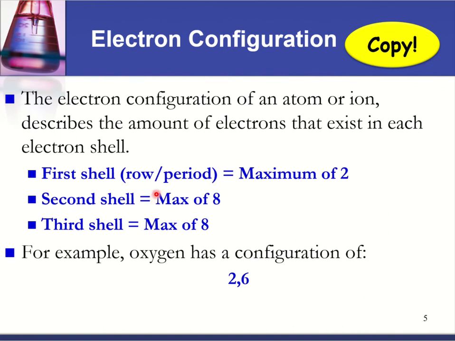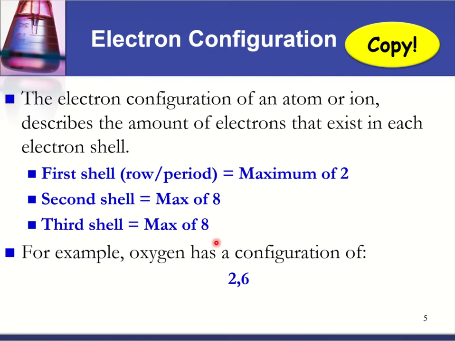Now, if we're in the first shell, or if you're reading off your periodic table, the first row, you have a maximum of 2 electrons in that shell. If we're counting through the second row, second shell, you have a maximum of 8 electrons. At the third shell, we have a maximum of 8 electrons as well.